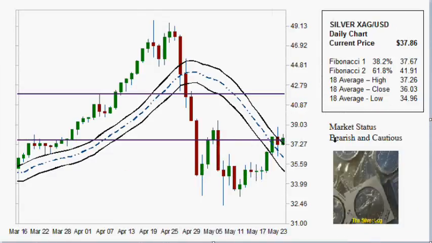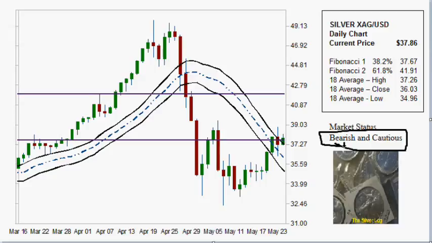As far as the daily chart is concerned, there's a significant Fibonacci level here at $37.67. It's having its second test within this level after finding resistance, pretty much finding the same bottom, and now stabilizing for 3 days within this level. The 18 period average is still declining, and because of that, I have the market set towards bearish.